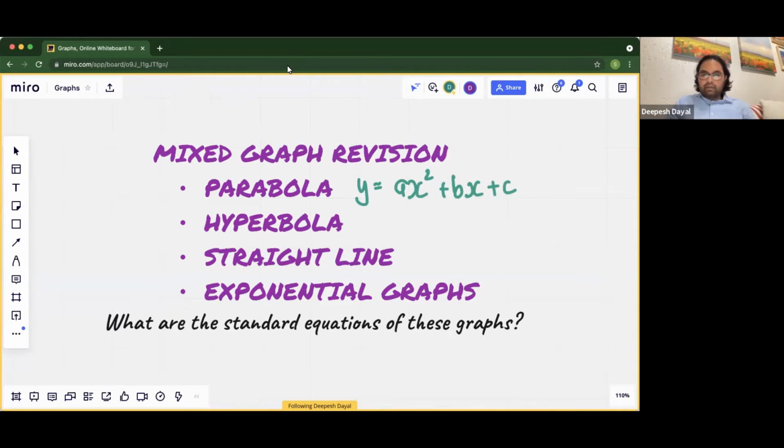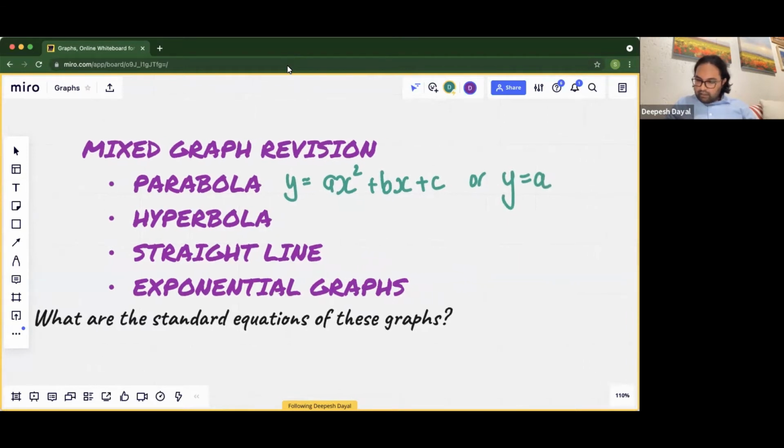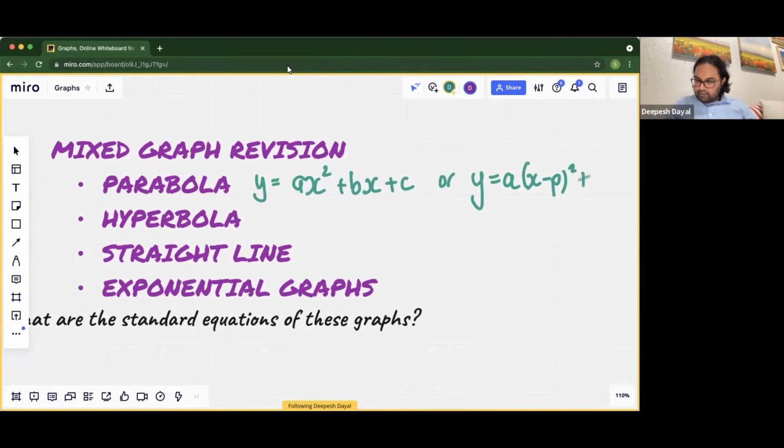So that's one of the equations, yeah? Or we use y equals a(x minus p) squared plus q. So these are the two equations that we can use.